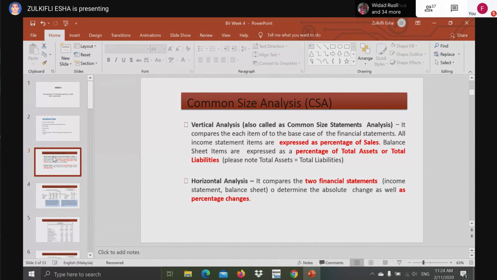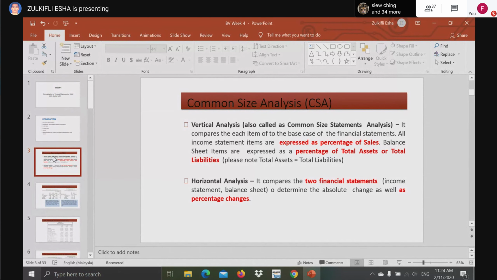As stated in the slide, items from the income statement will always be presented as a percentage of sales, whereas items from the balance sheet will be presented as a percentage of total assets or total liabilities.